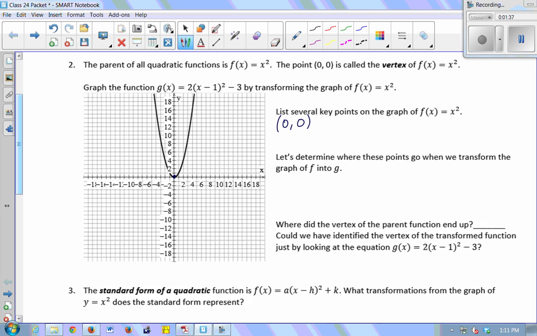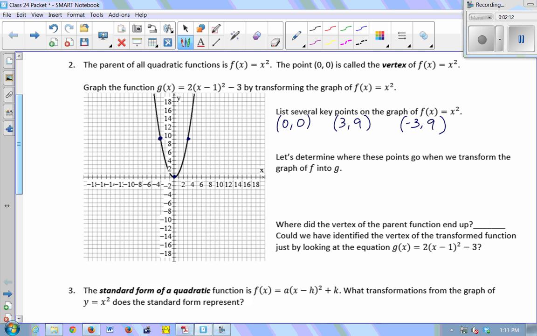Or 2, 4, or 3, 9. Let's use 3, 9, and -3, 9. So we're just going to use those 3 points, and they're going to basically dictate the position and shape of the graph. I could use more, but just for saving time. Okay, so there's several key points on the graph of my parent function.